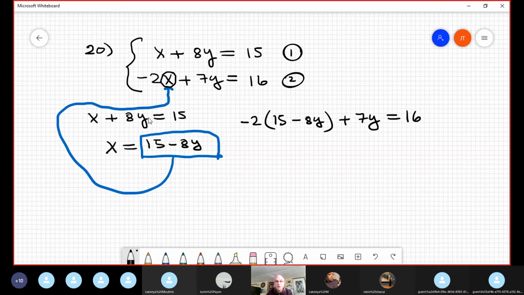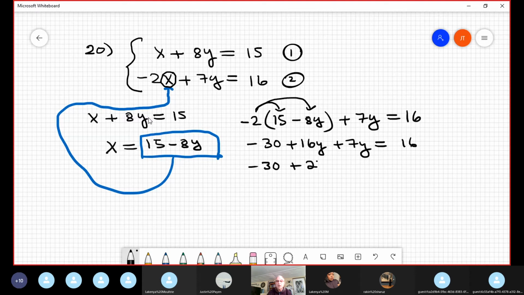Okay, distribute the property. Help me to remove parentheses. Minus 30 plus 18y plus 7y equals 16. We combine later. Minus 30 plus 23y equals 16.